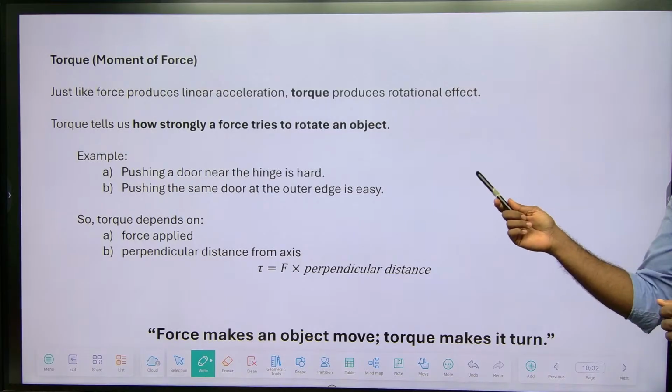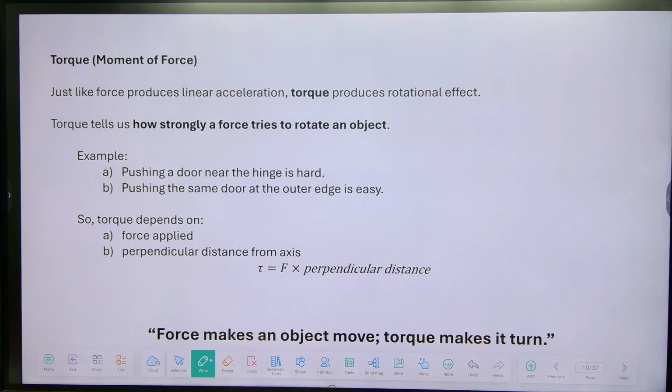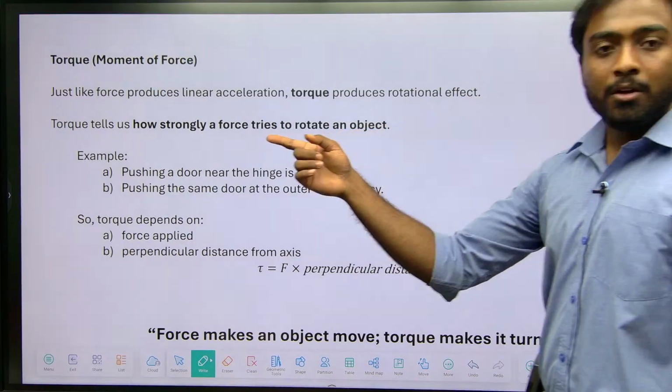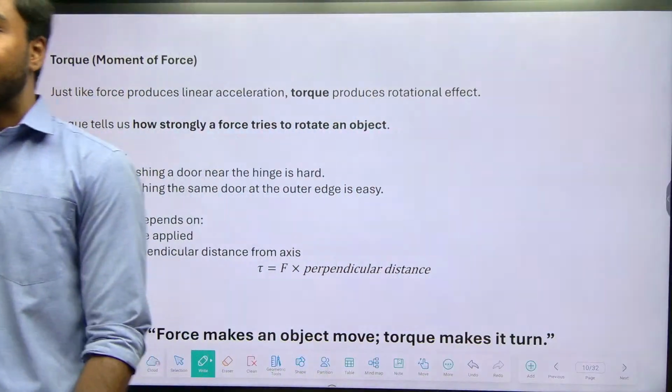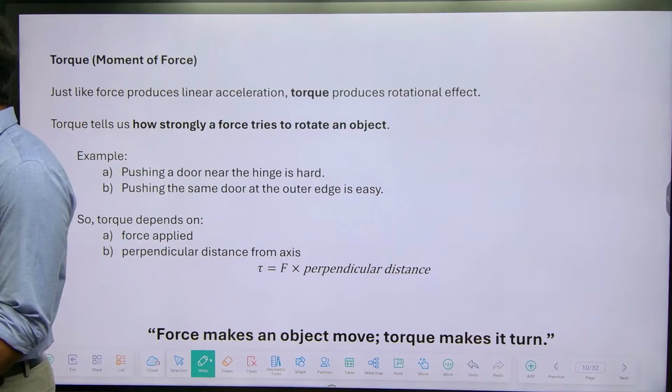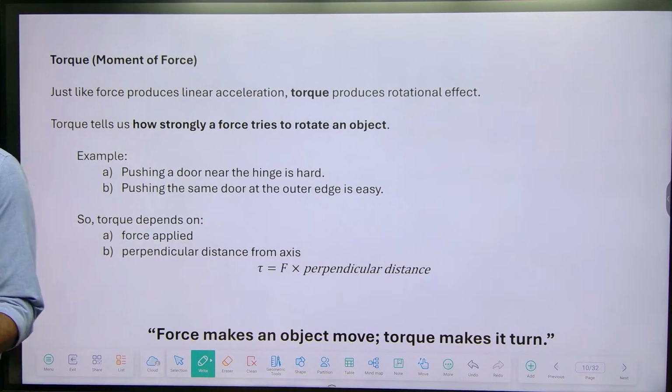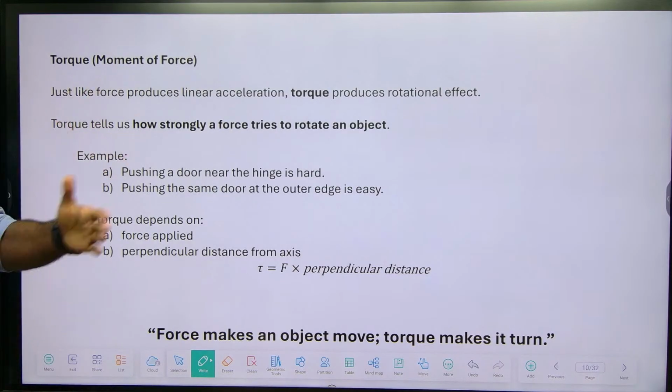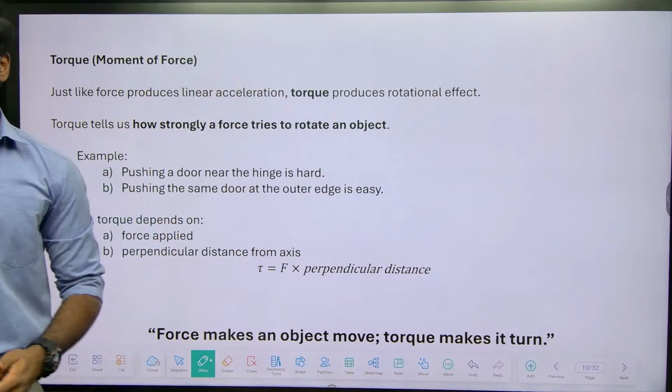Whereas torque helps us to rotate the object. If I talk about this door, this door is in rotational motion. If I open it, it is in rotational motion. If it were in a straight direction, it would just go. Yes or no?